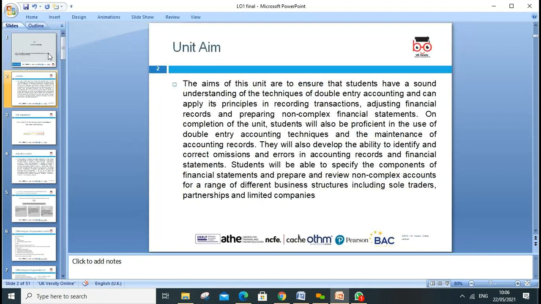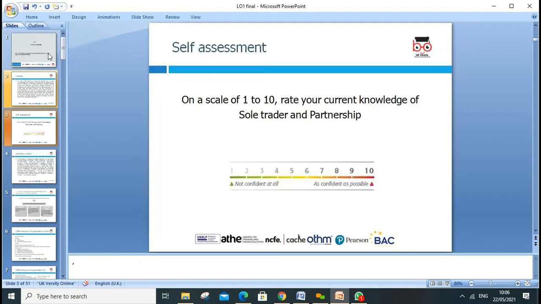Let's look at the aim of this unit, and always reflect when we start any activity. Reflect on your current knowledge, how much you know, what you think about sole traders, partnerships and financial statements. On a scale of 1 to 10, can you reflect on how much you know? Yes, I can say 9.